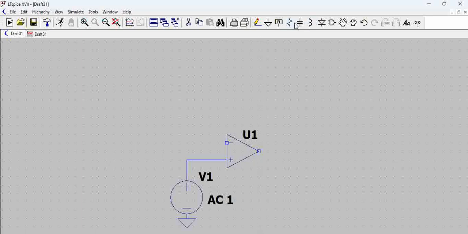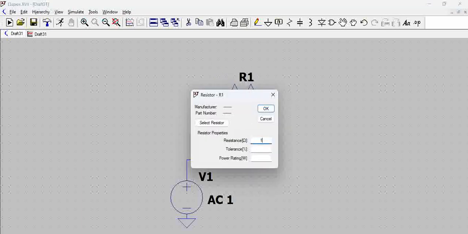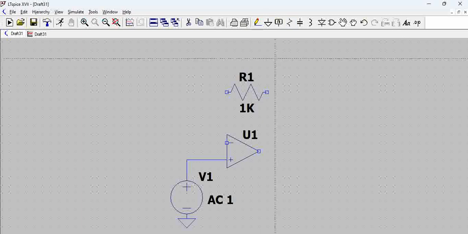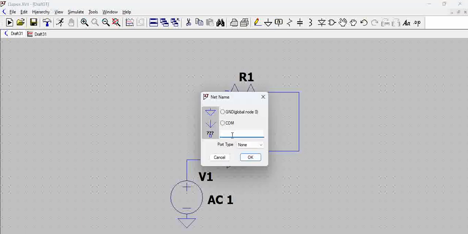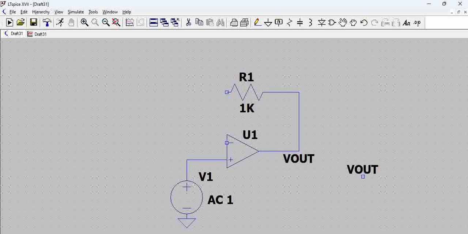Okay, and then let us add feedback resistors here. I am adding a feedback resistor of 1k here, and we are naming this output node as Vout for convenience.